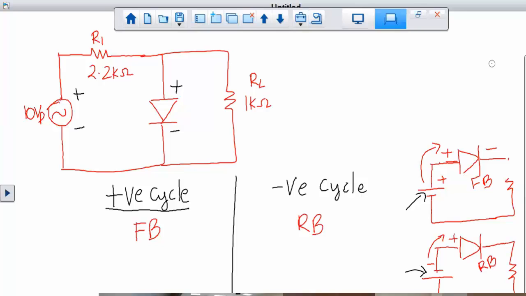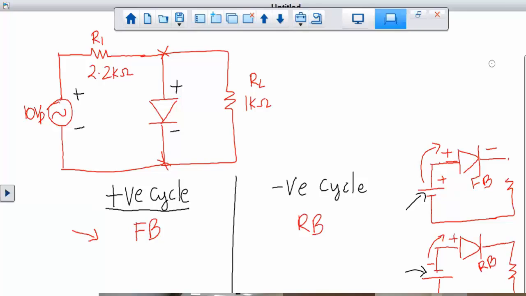So now, once you decide whichever side is forward bias, then the voltage on the diode will be 0.7, because we are interested in this branch only in forward bias, because it is connected in parallel to the load, right?